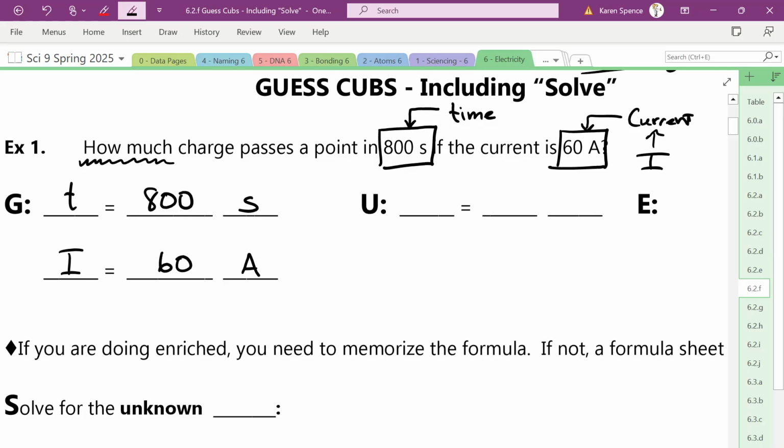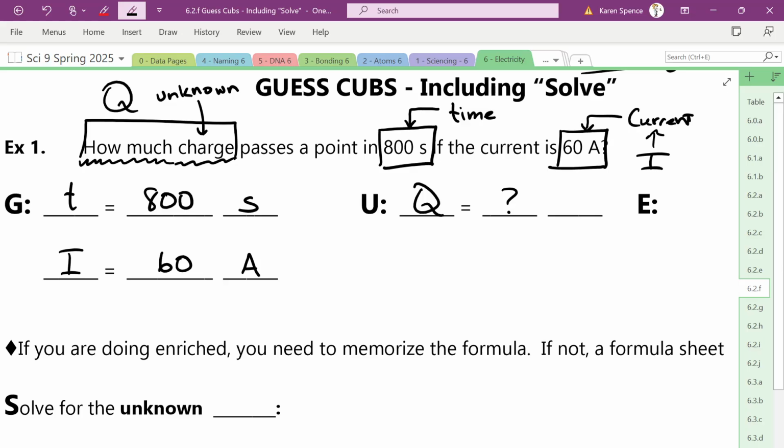How much is a question word? And it says how much charge. So that is our unknown. What is the symbol that we use for charge? Q. Okay, so we have Q. So our unknown is Q, and we don't know how much it is. Okay, and the unit of charge is C, which stands for coulombs.